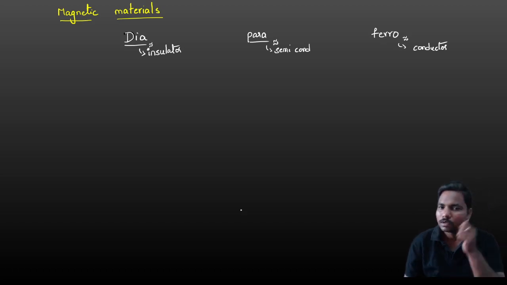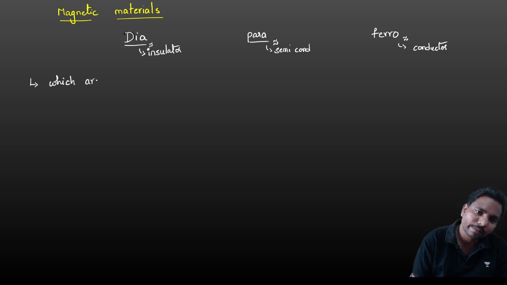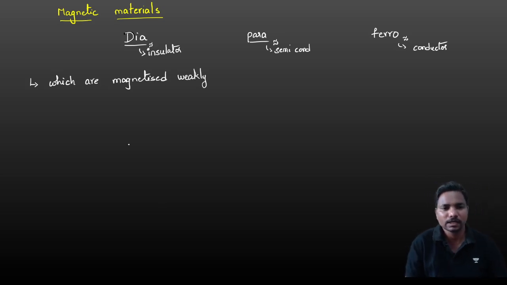In the diamagnetic material, the materials are magnetized weakly, in the opposite direction of the magnetic field. Direction is opposite here.